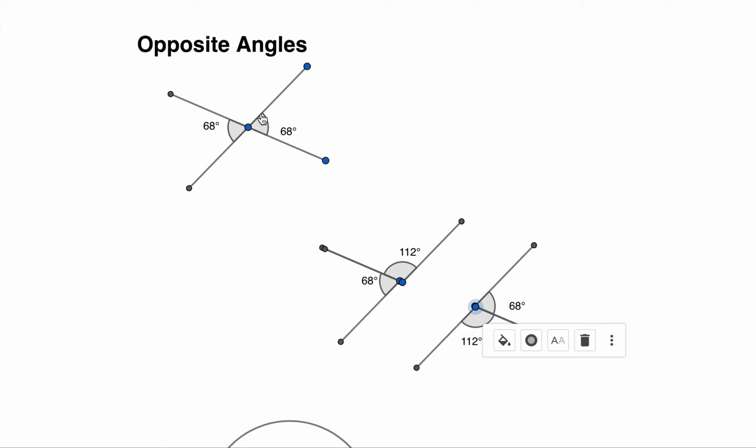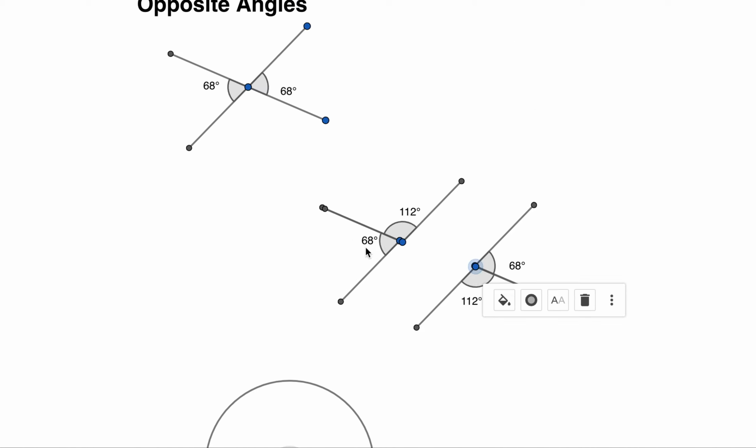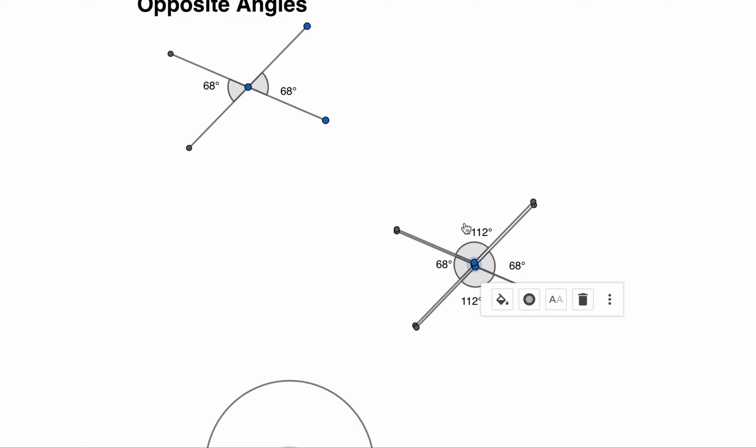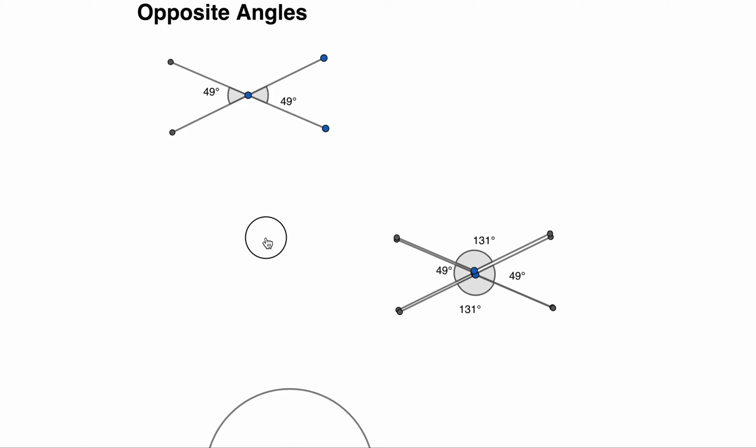What's the full circle going to add up to? Well, we know the angle in a full circle is going to be 360 degrees. So you can check that. If we added up all four of these angles, we should get 360 degrees. And it doesn't actually matter what those angles are, as long as if you put them together they form a full circle, that's going to equal 360 degrees.